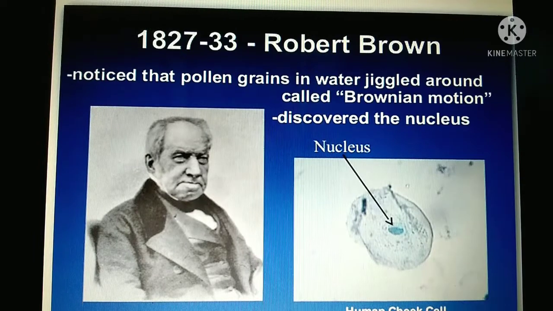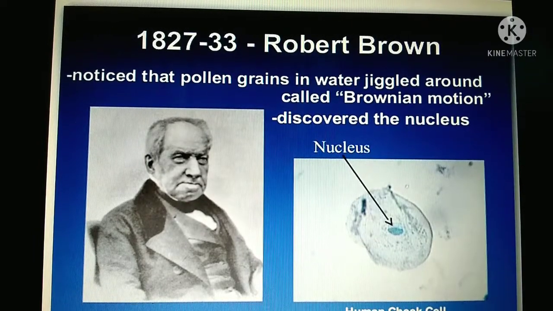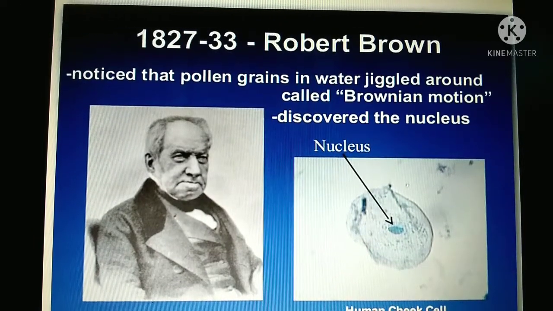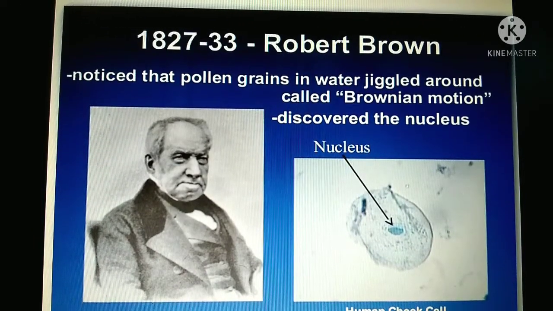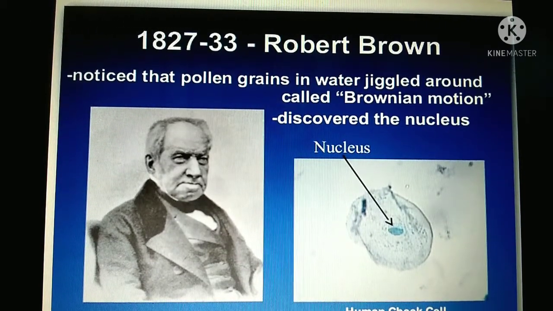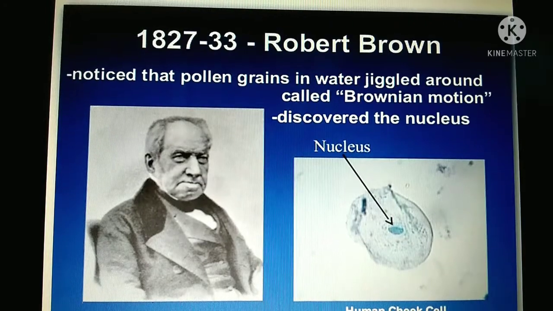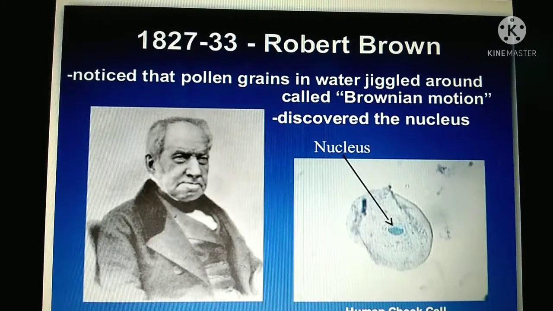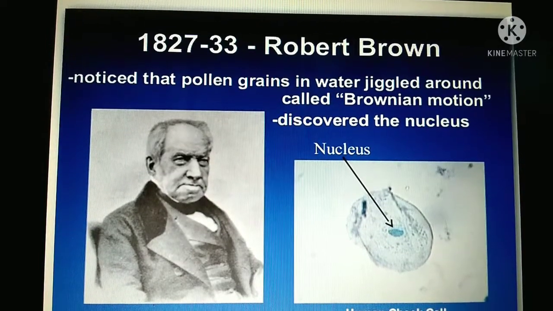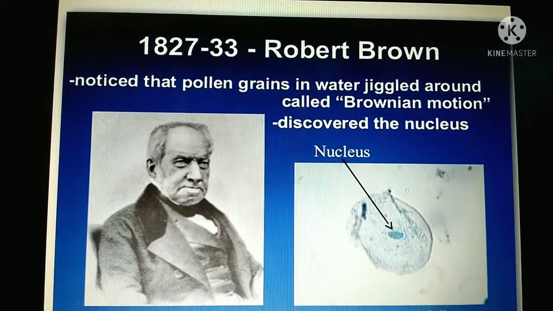The next contributor was Robert Brown. He noticed that pollen grains in water jiggled around in Brownian movement. Brownian movement means the zigzag movement of particles, and he discovered the nucleus in the year 1831.